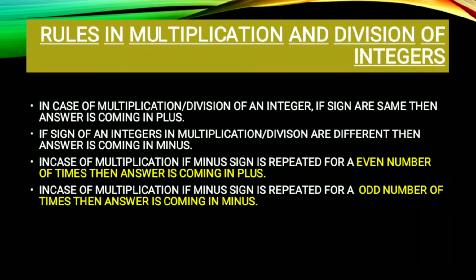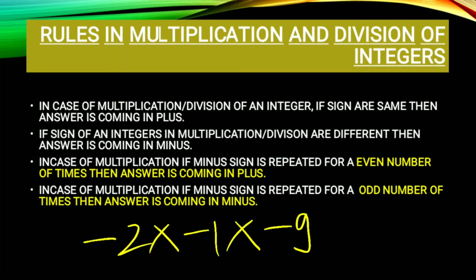And if the minus sign is repeated an odd number of times, it means 1 time, 3 times, 5 times, 7 times; this is called an odd number. If the minus sign is repeated an odd number of times in a multiplication example, the answer comes in minus. So let's see here, minus 2 multiplied by minus 1 multiplied by minus 9.